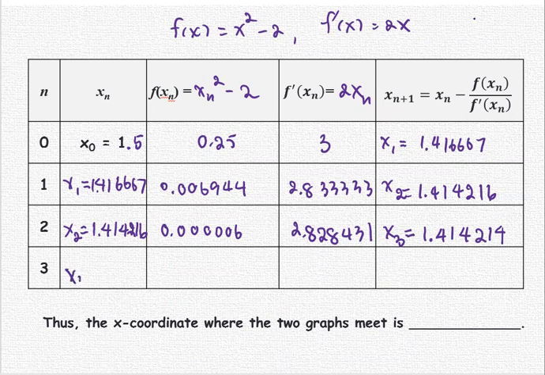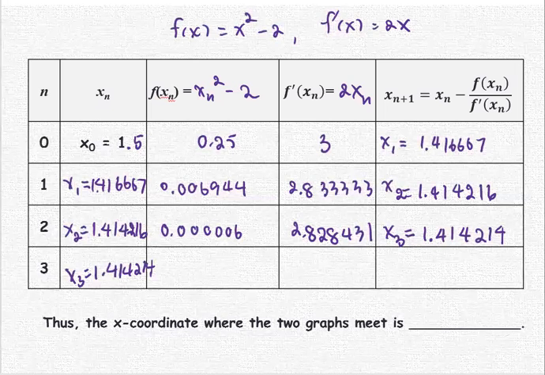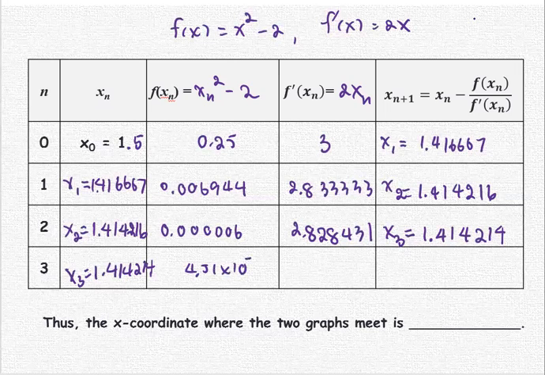As x3 equals 1.414214, the function value at x3 is a very small number, 4.51 times 10 to the negative 12. And the derivative is 2.828427.